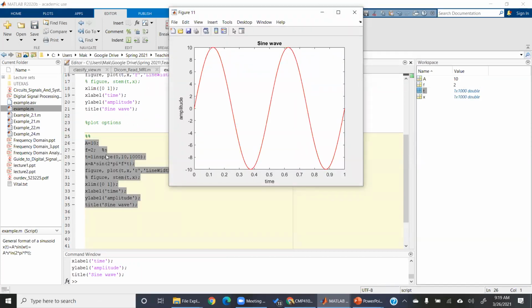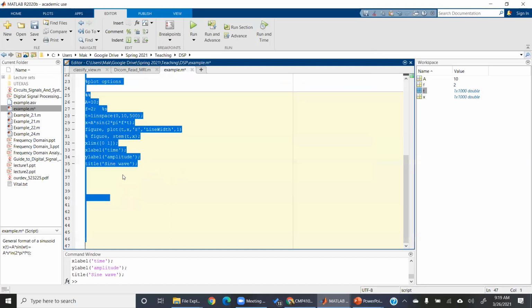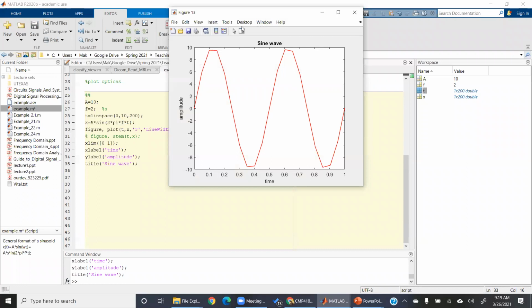So you see, if you do 0 to 10 and 1,000 points, then the number of points you have is good enough to give you a sine wave. But if I reduce the number of points to 500, probably, oh okay, still works. 200, okay, now things become murky.